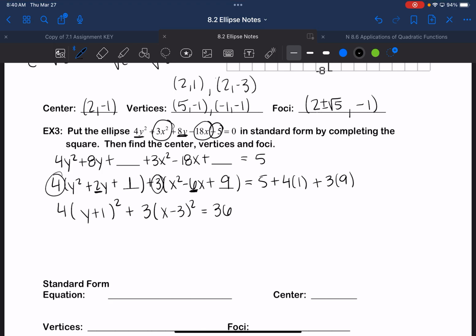All right. So now we're pretty close, but it's kind of like what happened on the example that we just graphed, right? We want it to equal 1. So what are we going to divide everything by?